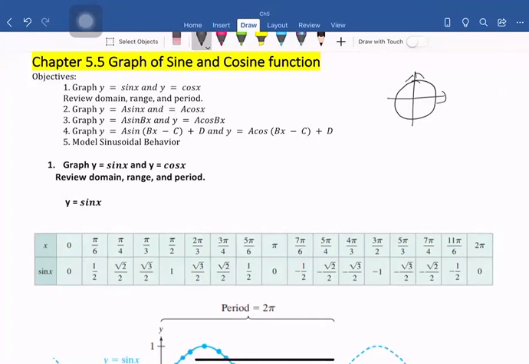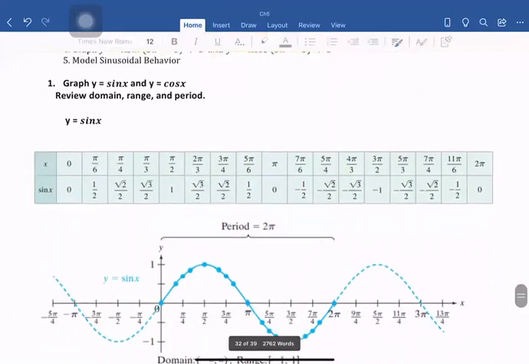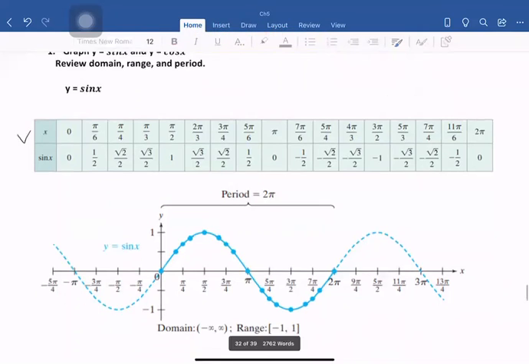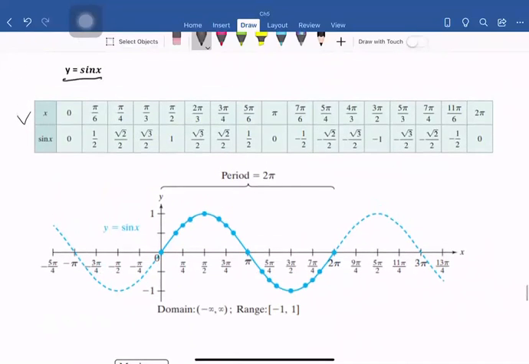How to graph the sine and cosine function? We can use the special points and then plot them in the xy axis. So here is y equals sine x, and we know that when x equals 0, sine x is 0 by the unit circle.